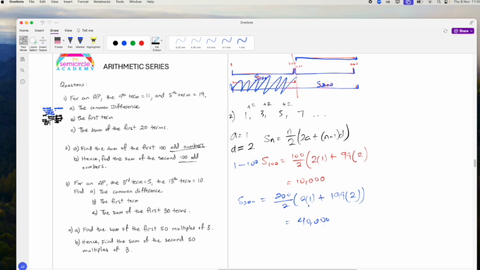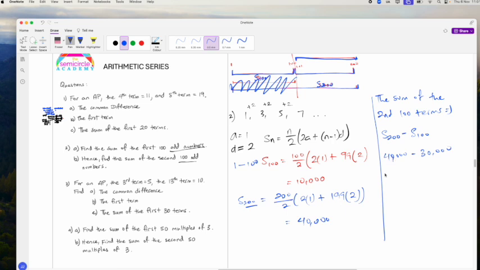So the sum of the second 100 terms is the sum of the first 200 minus the sum of the first 100, which is 40,000 minus 10,000. The answer is 30,000.